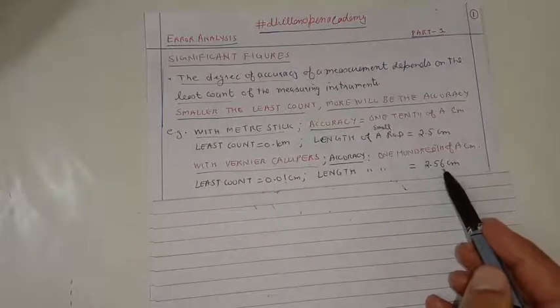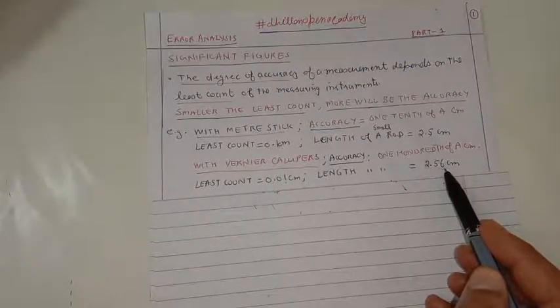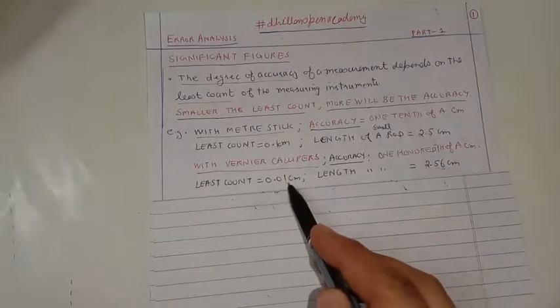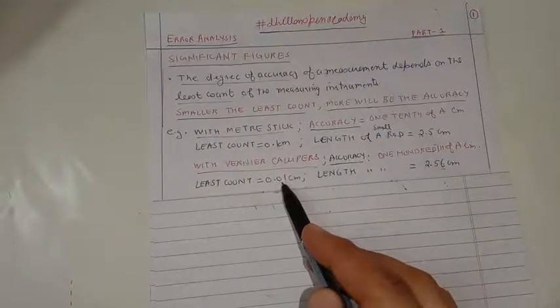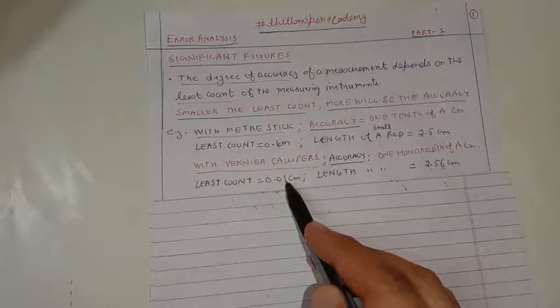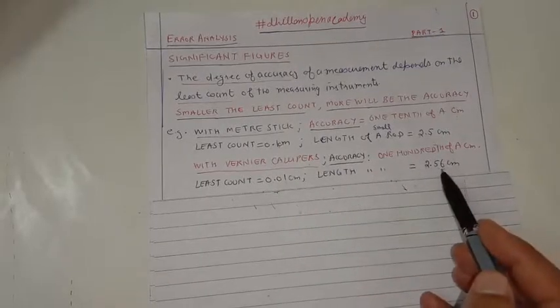But the digit at the second decimal place, which is also the resolution of our measuring instrument, that is its least count, can vary.